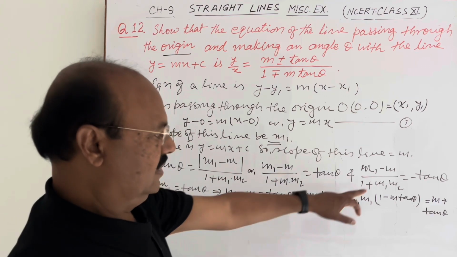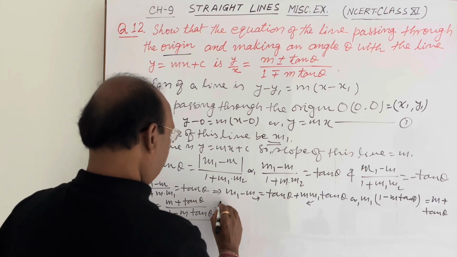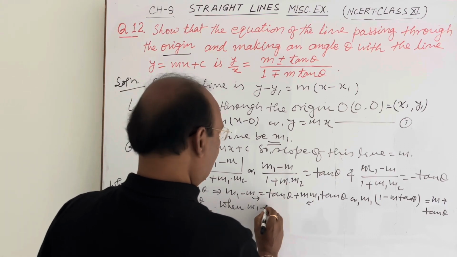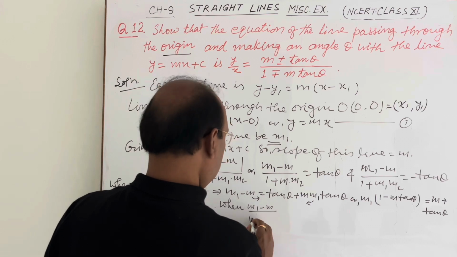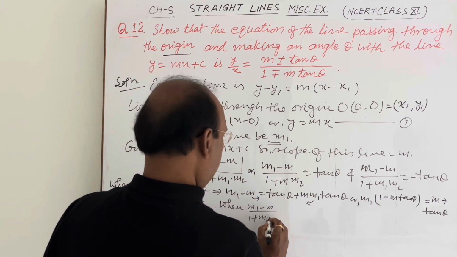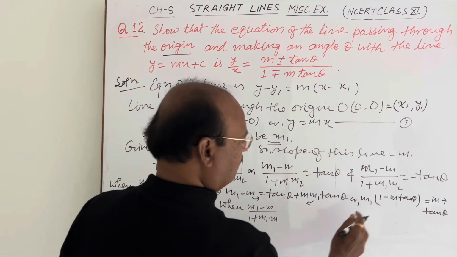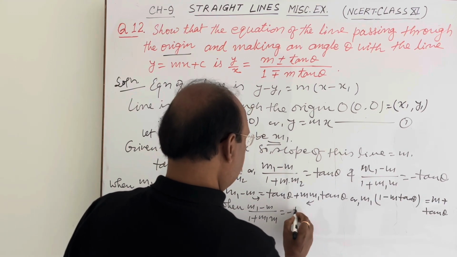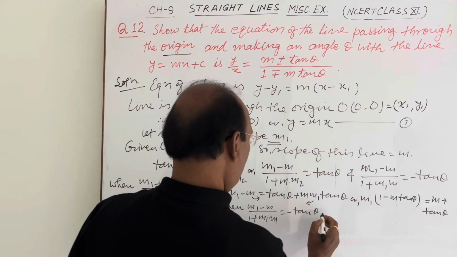Now we'll take the case when m1 minus m by 1 plus m1 m is equal to minus tan theta.